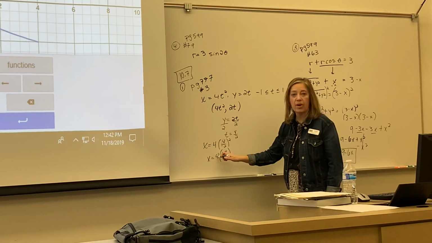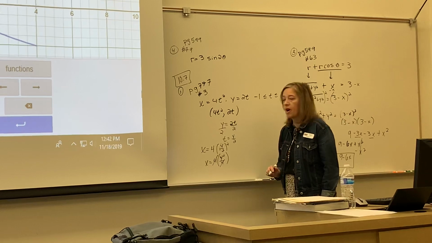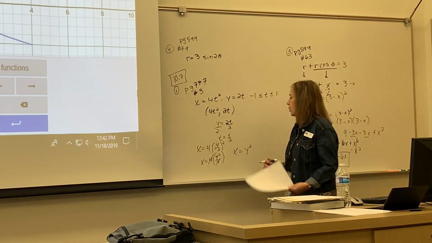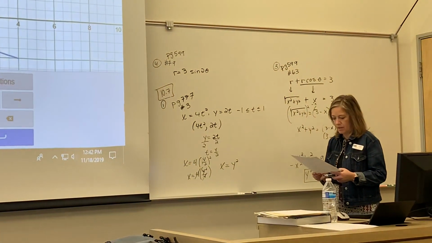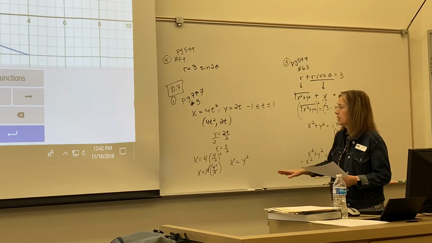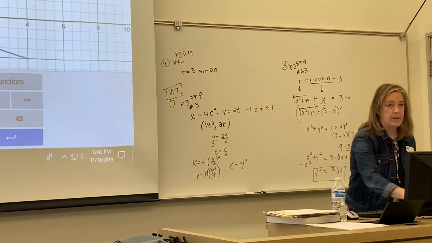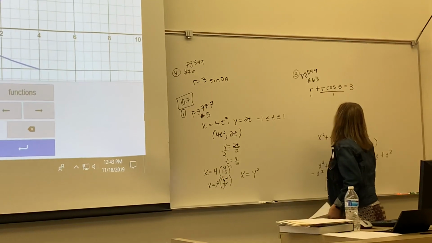Notice there's a 4 here on the numerator, a 4 here on the denominator. Therefore, our 4's will cancel out. So we get x is equal to y squared. Okay, so that would be our equation that we have. So now what we need to do is find restrictions on y.